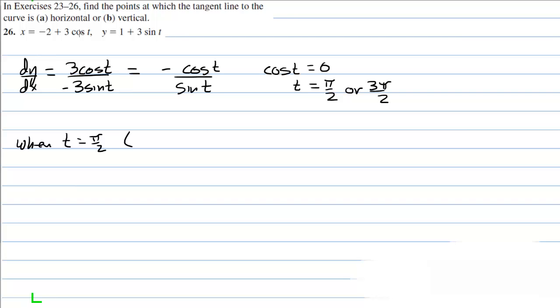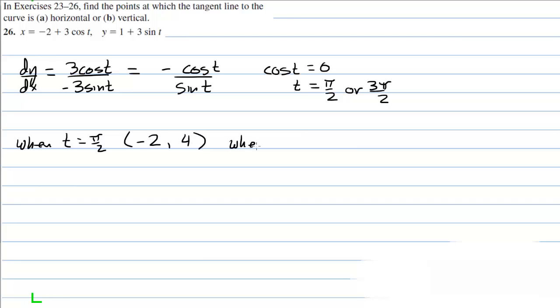Cosine of pi over 2 is 0, and 3 times 0 is 0, so we have negative 2, comma. If I plug pi over 2 in for y, 3 sine of pi over 2, well, sine of pi over 2 is 1, so 1 plus 3 is 4. So when t is pi over 2, the point is negative 2, 4.